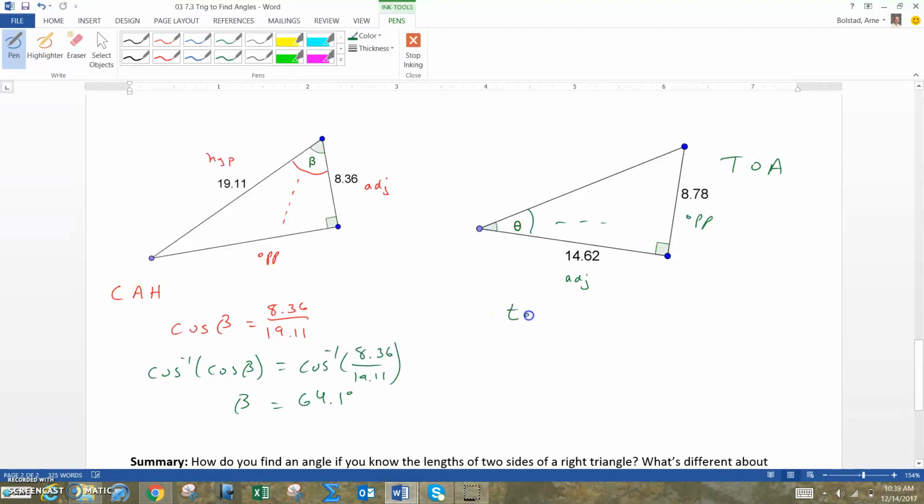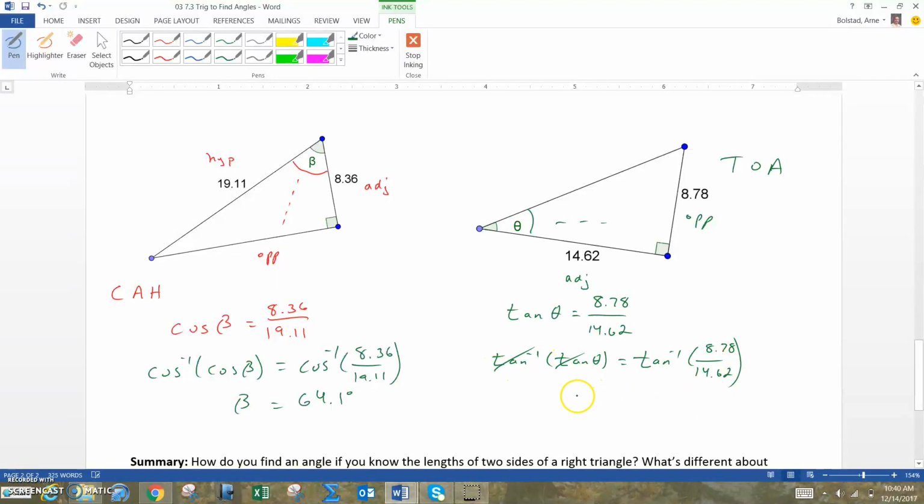So tangent of theta is 8.78 over 14.62. And I'm going to change colors to go to the inverse. Inverse tangent of tangent of theta equals inverse tangent of 8.78 over 14.62.